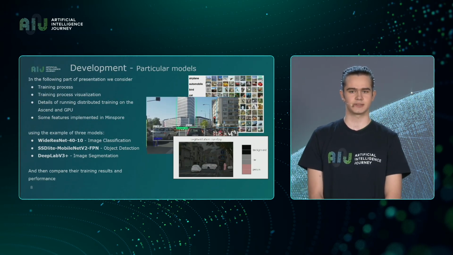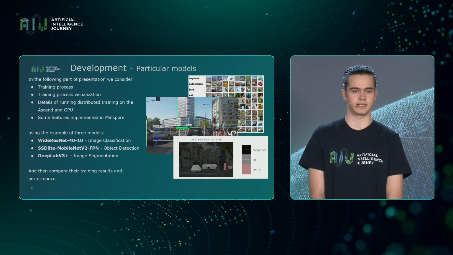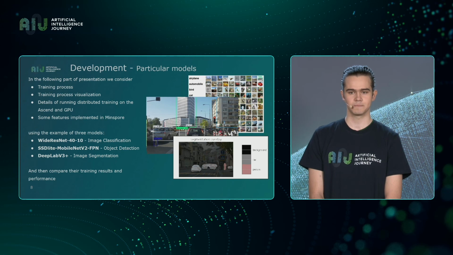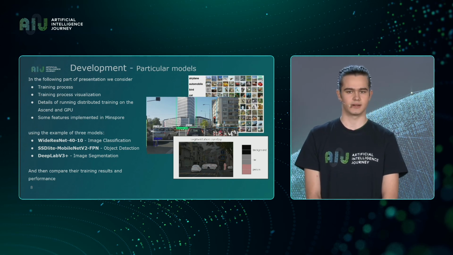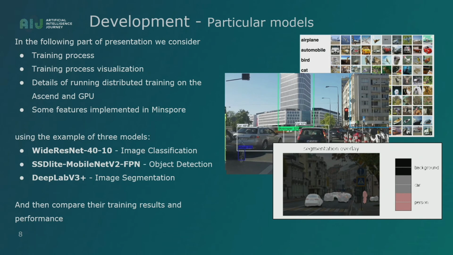Now, this is the next part of the presentation. We have been saying just some general words. Now let's have a look at three specific models: WideResNet, SSD Lite MobileNet V2 FPN, and DeepLab V3+. On the example of WideResNet 40-10, we will search for a model in the official MindSpore repository.